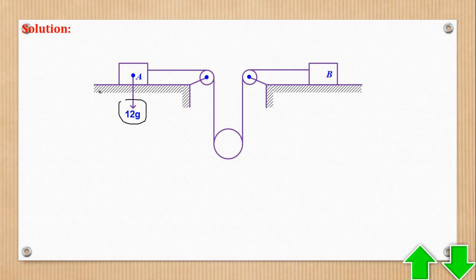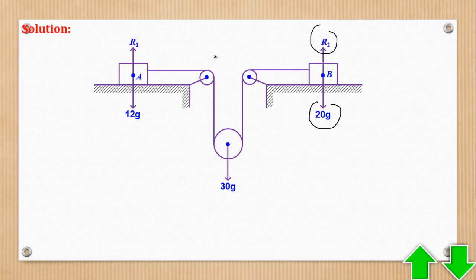And because this mass is lying on the surface, there should be a normal reaction. Here there is weight, but here it's just suspended, so there is no normal reaction. Here there is weight, so there should be a normal reaction. Then tension: it is the same string throughout, so tension should be the same throughout.